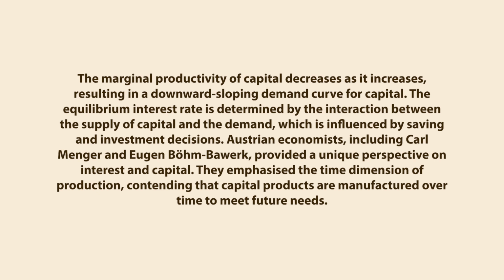Austrian economists, including Karl Menger and Eugen Boehm-Bawerk, provided a unique perspective on interest and capital. They emphasized the time dimension of production, contending that capital products are manufactured over time to meet future needs.